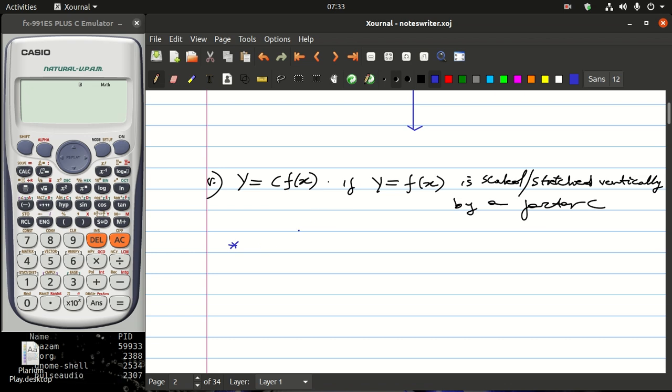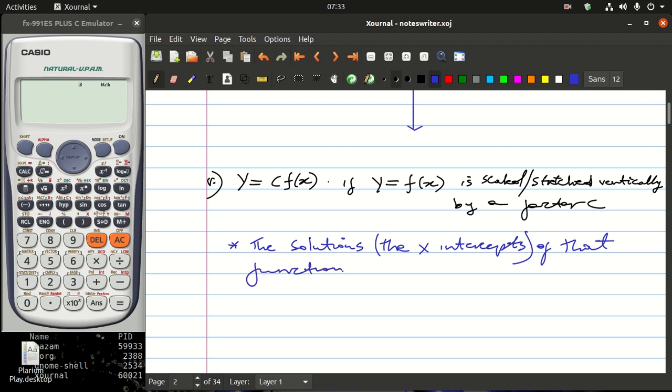When you are stretching a function, the solutions of that function, or the x-intercepts of that function, are locked. In other words, they don't change.